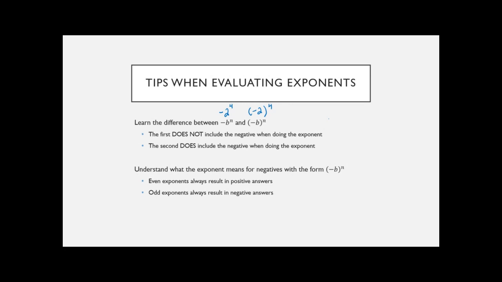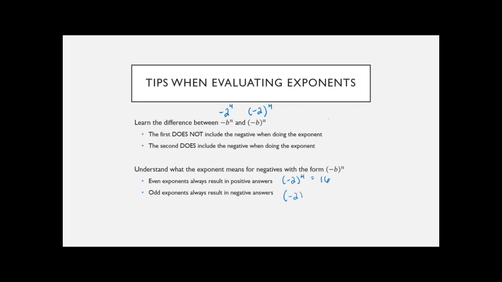Now, if we focus on just the second form, the exponent will tell you whether your answer is going to be positive or negative. The first form, you always get a negative answer because you do your exponent and then you have a negative in front. The second one, it depends on if your exponent is even or odd. So if your exponent is even, that means any negatives cancel out, so you're going to get a positive answer out. So negative 2 to the 4th is going to give me a positive answer. 2 to the 4th is 16, so I'm going to get a positive 16.